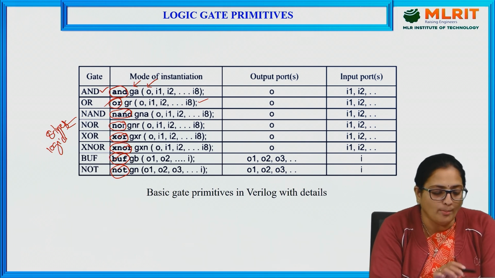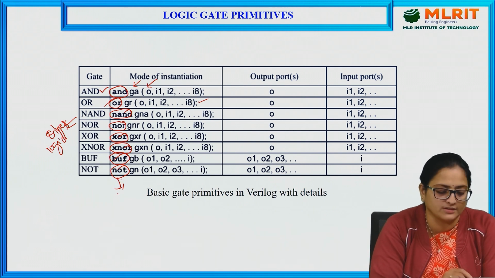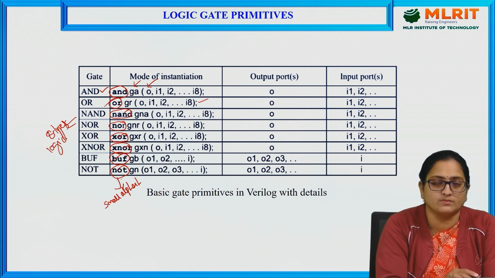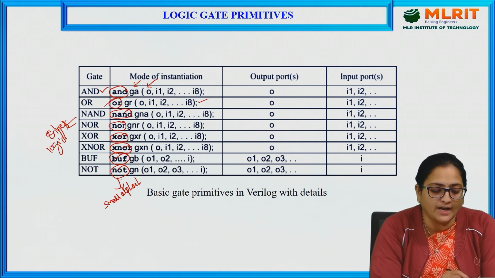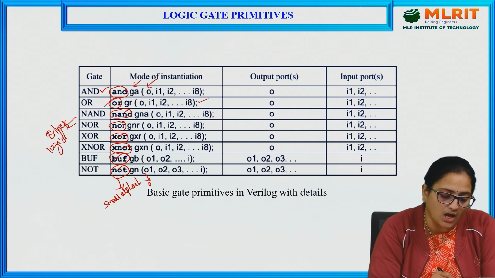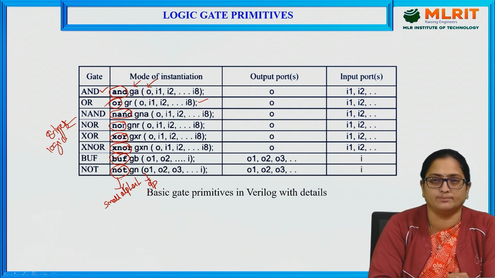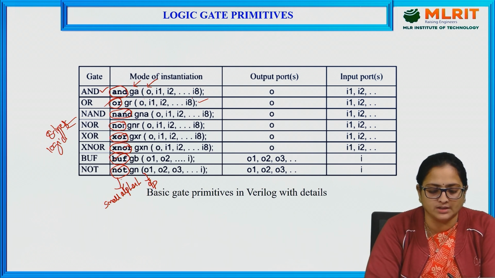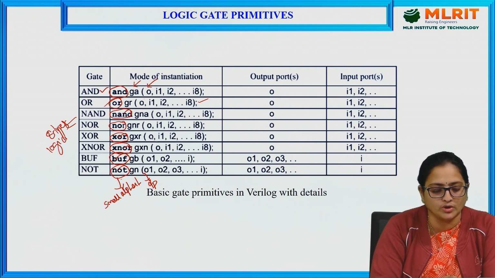So one common point which I want to discuss here is all the primitives have been given with small alphabets, and each instantiation has started with the output, not with the input. So outputs are going to be followed with the inputs.